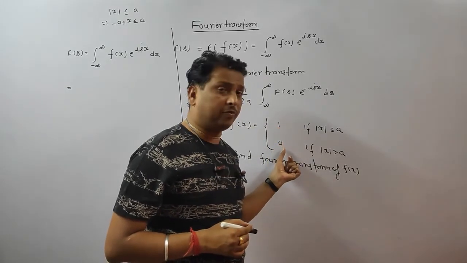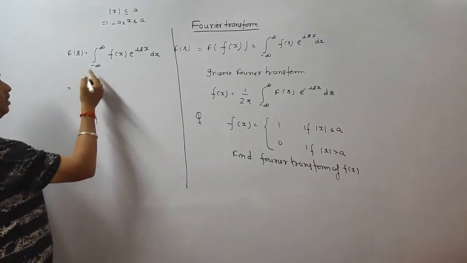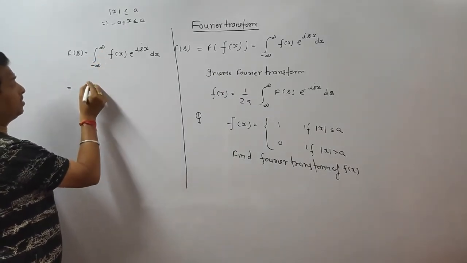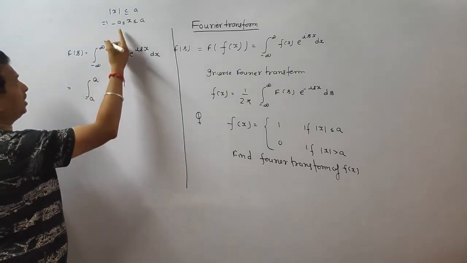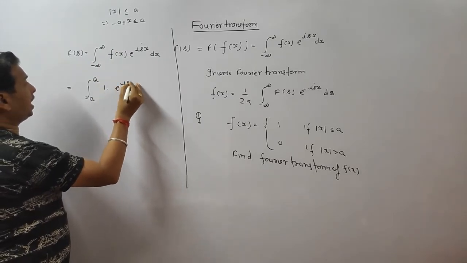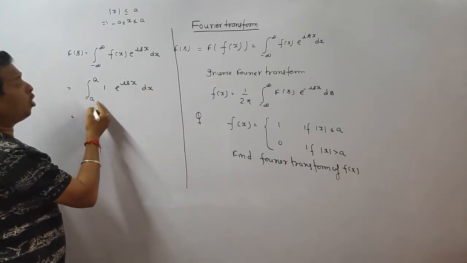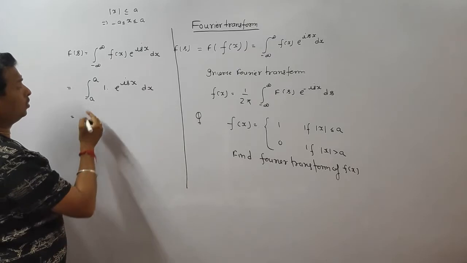For every remaining value it is 0. So what is your F(s)? The integration from minus infinity to infinity becomes minus a to plus a. What is f(x)? 1, e to the power iota s x dx. For all remaining values of x, it will be 0.